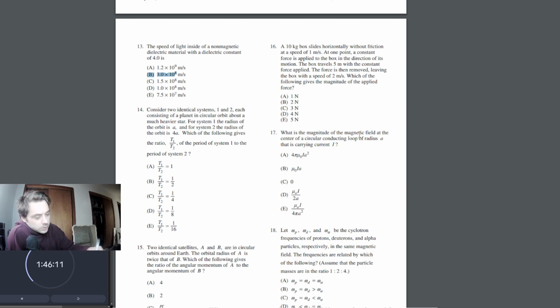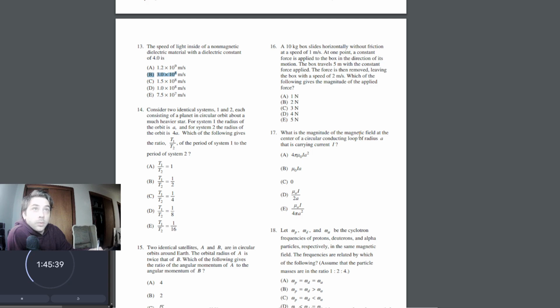10 kilogram box. Okay. Accelerated 5 meters.